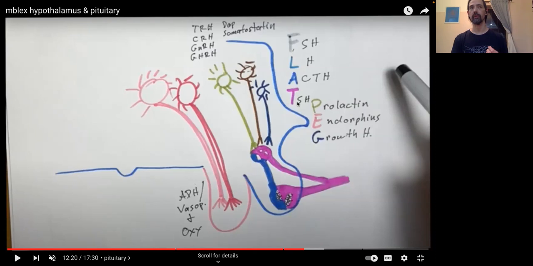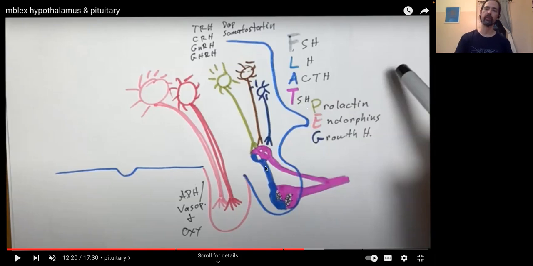And when the thyroid hormone is below homeostatic levels, the hypothalamus will pick that up and it'll send thyroid releasing hormone down to the adenohypophysis, telling the gland, hey, manufacture and release more thyroid stimulating hormone.